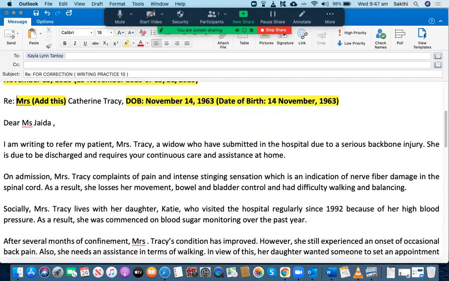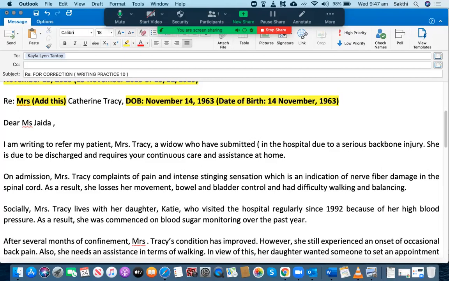Good. Salutation is good. "I'm writing to refer my patient, Mrs. Tracy, a widow, who have submitted in the hospital due to..." No, it's not "submitted." It's wrong. And "have" is also wrong because "have" doesn't go with the singular noun. It goes only with the plural noun. So you could have mentioned "who was admitted to the hospital." Again, "in" is wrong, but we'll go through them one by one.